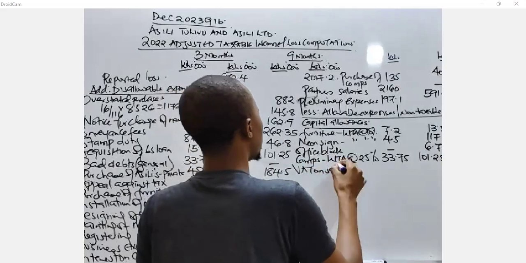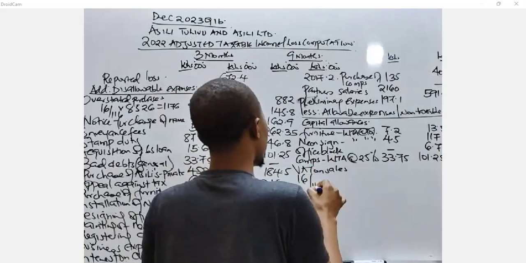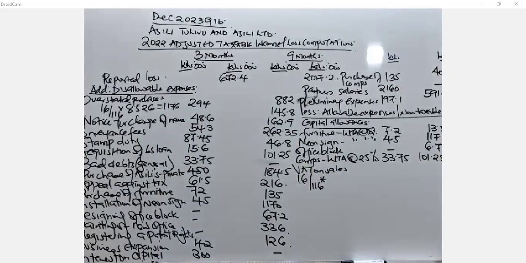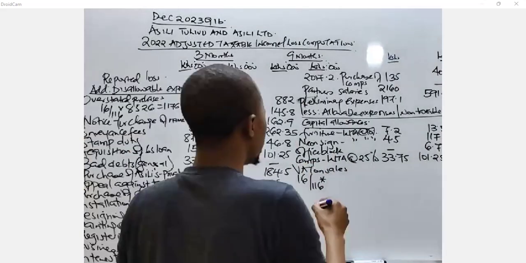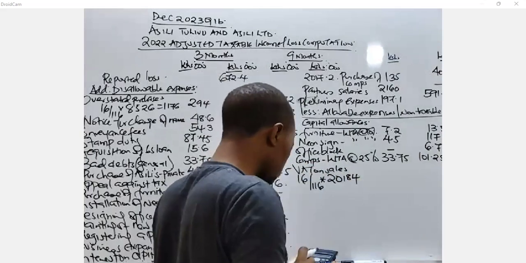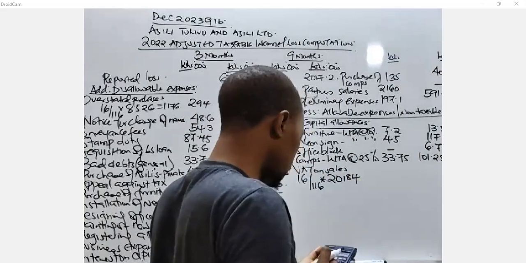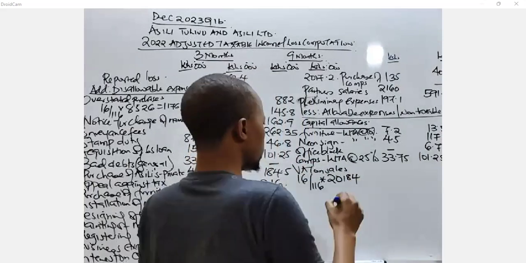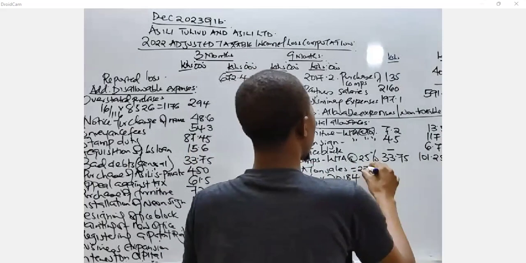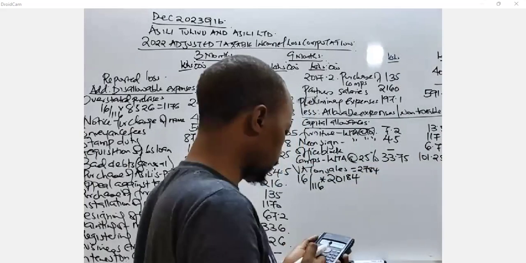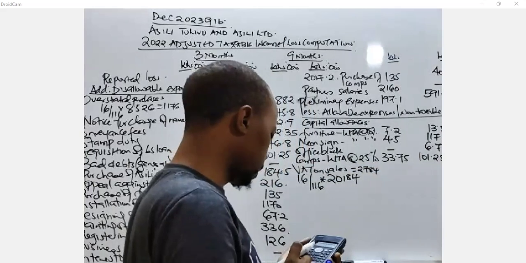The VAT on sale, which now we take 16 over 116, we multiply it by what? What is the figure for our sales? I can see it is 2184. So it will be 16 divided by 116 times 2184, getting 2784. 2784 divided by 12 times 3.